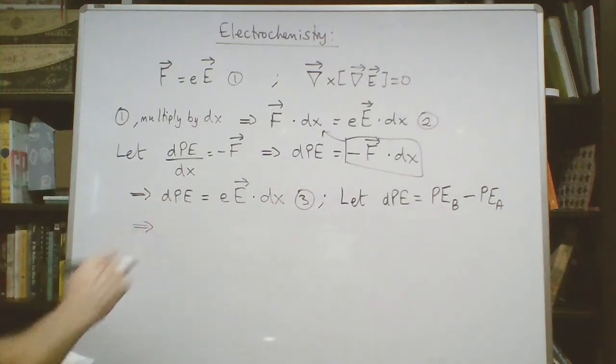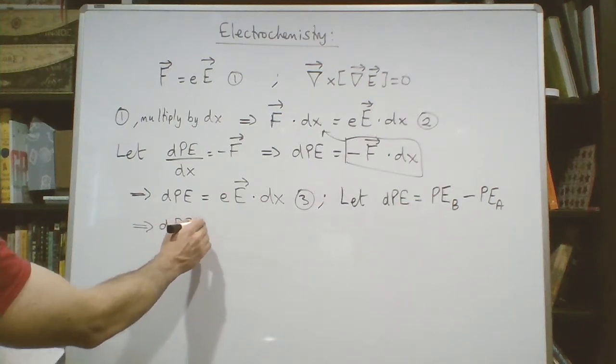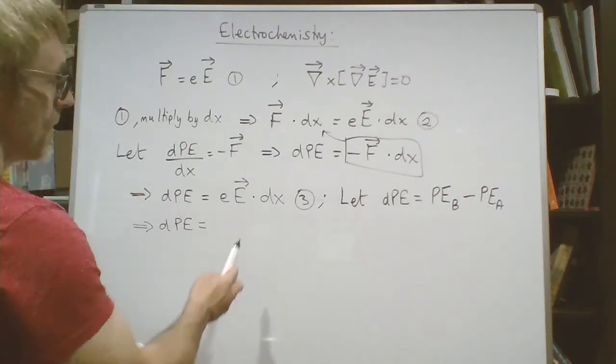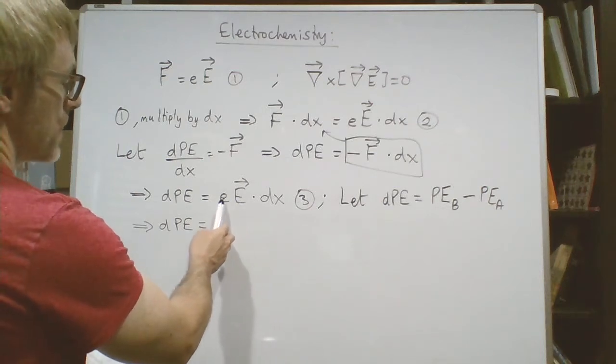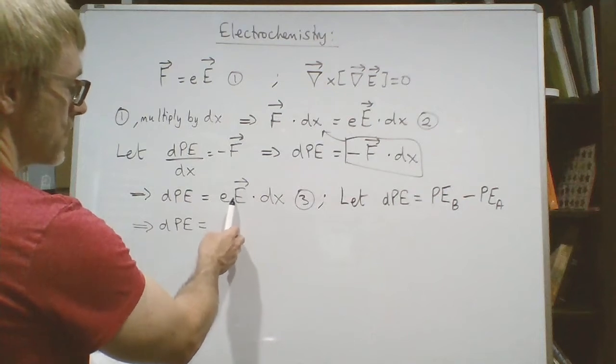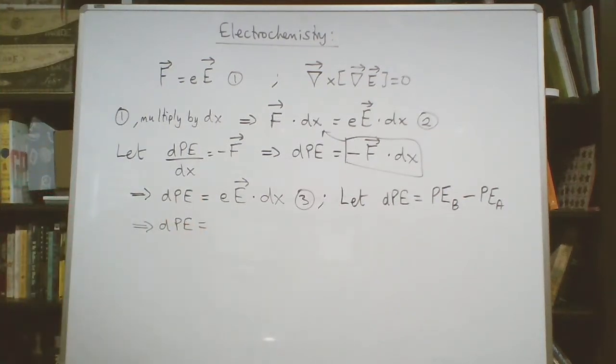So if we allow that to be the case, and this implies that the change in potential energy, now, if I want to ultimately, everywhere in this electric field, it's a product of location, so it's location sensitive.